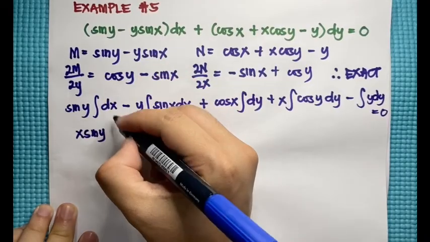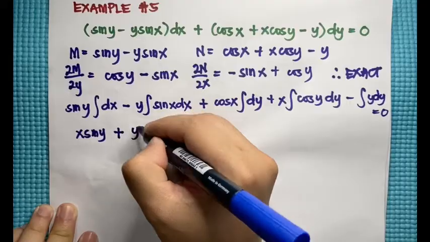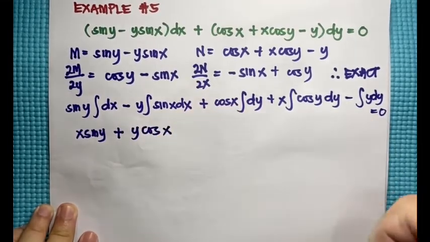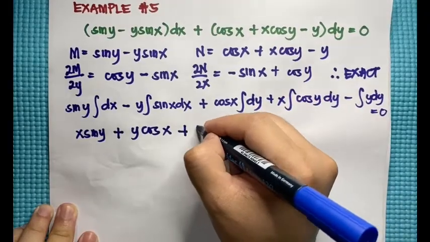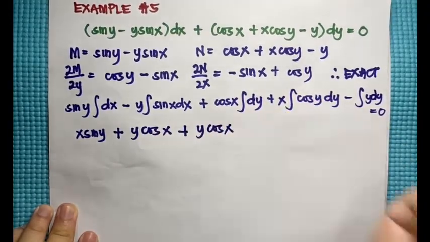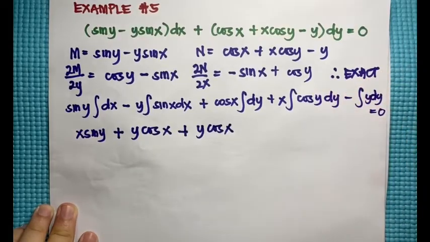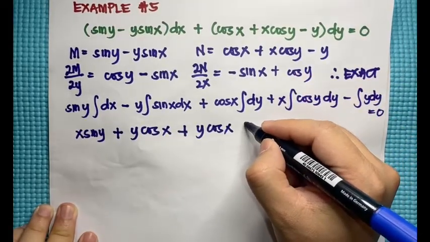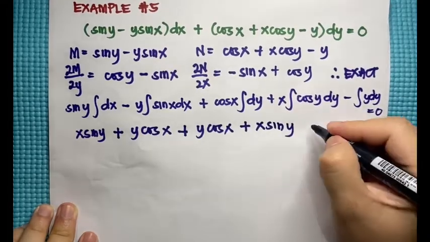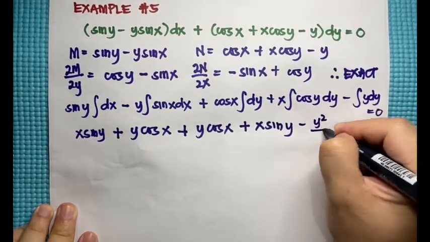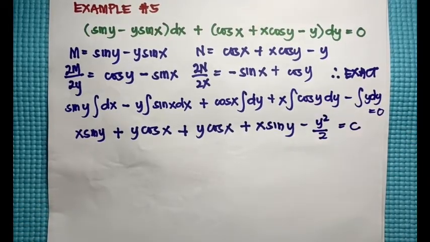So negative and negative would give us plus y cosine x, plus the integral of dy would be y cosine x, and then the integral of cosine y would be sine y. So plus x sine y minus y squared all over 2 is equal to c.